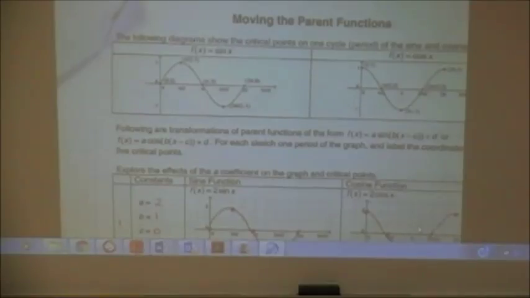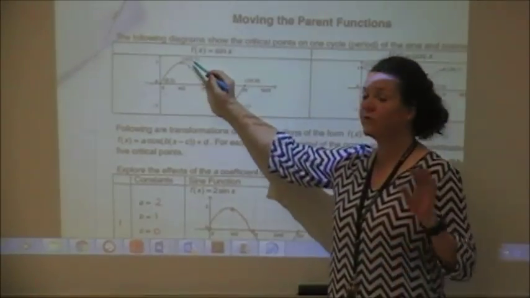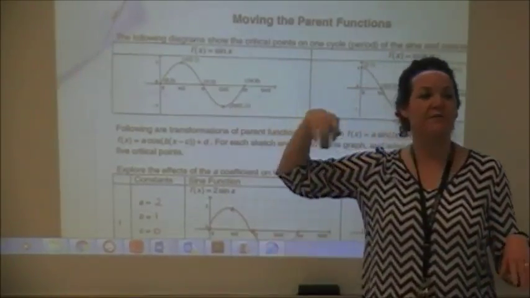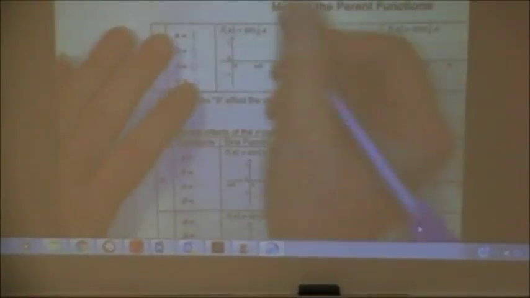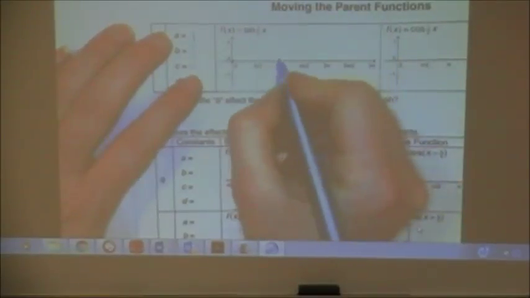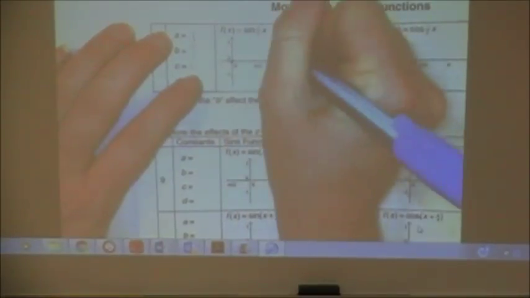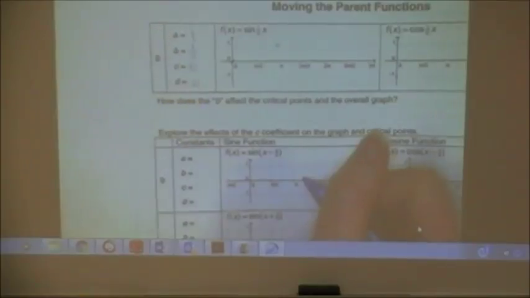But if my next critical point was pi over 2, instead of dividing by 2, I'm going to multiply by 2. So if I have pi over 2 times 2, what happens? It's just pi, because those 2's are going to cancel. So my (0, 0) stays the same, and my next point is going to be (pi, 1).